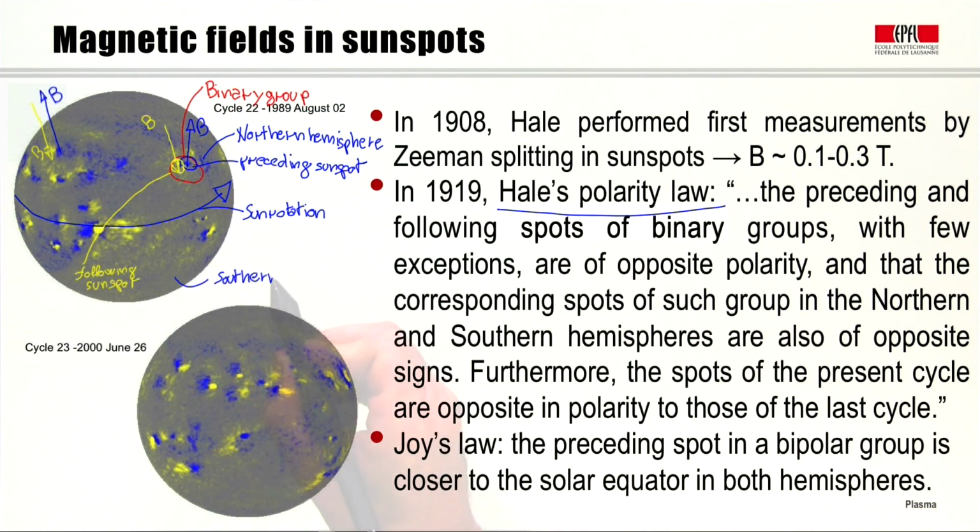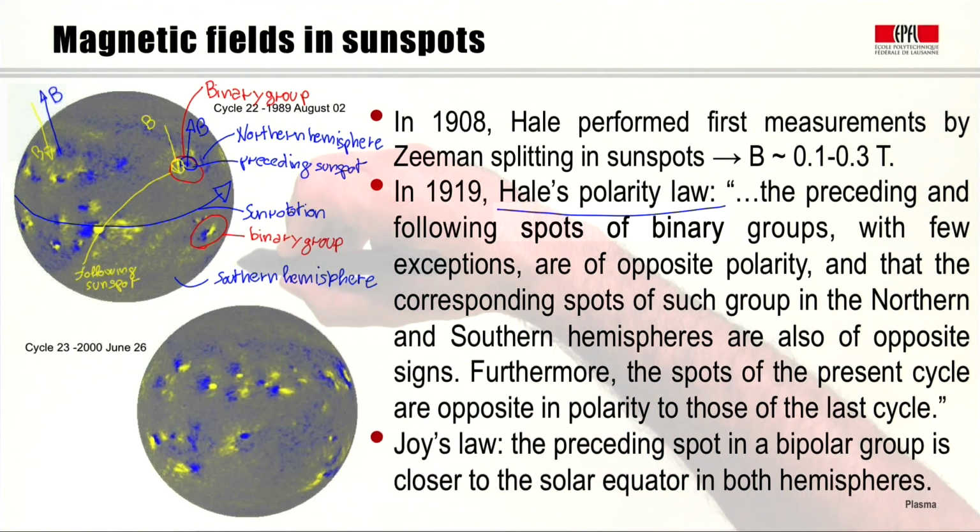We can now look at the southern hemisphere and identify the corresponding binary group of sunspots shown here in red. The polarity of the magnetic field is now reversed with respect to the northern hemisphere, in the sense that the magnetic field in the preceding sunspot points towards the Sun, while the following sunspot has a magnetic field that points away from the Sun.